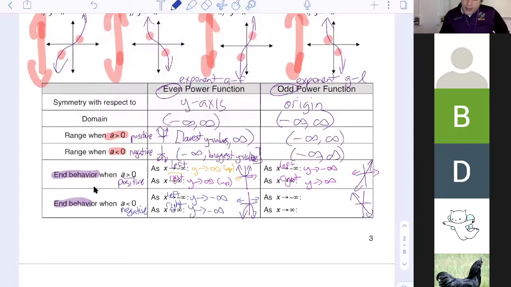And here again, as x goes to the left, as x goes to negative infinity, my graph goes up. So y goes to positive infinity. And as x goes to the right, my graph goes down to negative infinity. Okay, and again, this is not something to memorize. You could easily just put any equation or power function in the graphing calculator, and you'll get a really good idea of what this looks like.